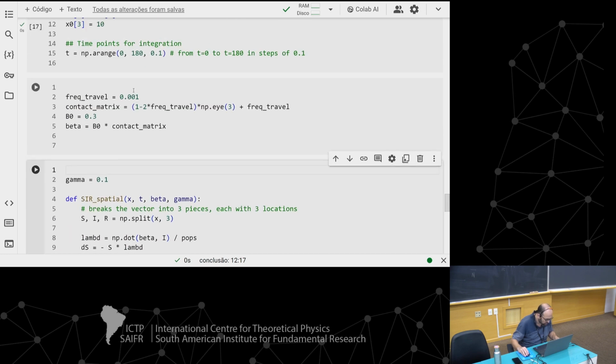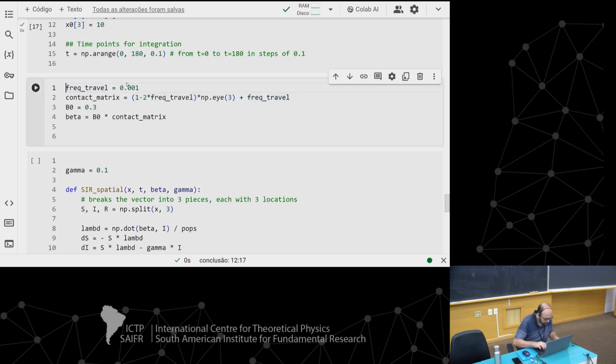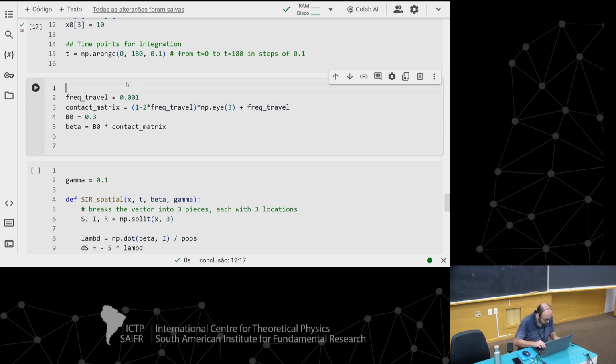So what is this doing? I'm going to say that my contact matrix is what? Before doing this, let me print something here, this I. What is this I here?